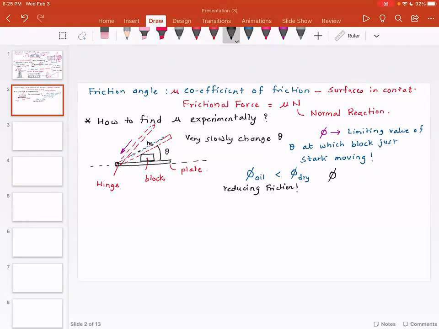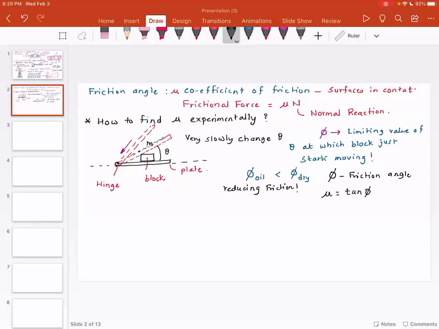So phi is also called the friction angle, and mu, which is the coefficient of friction, is given as tan of phi.